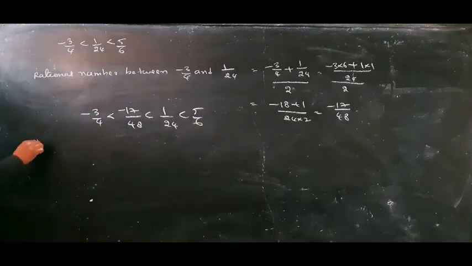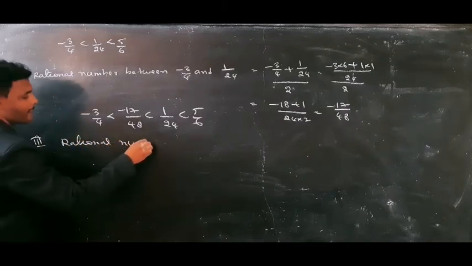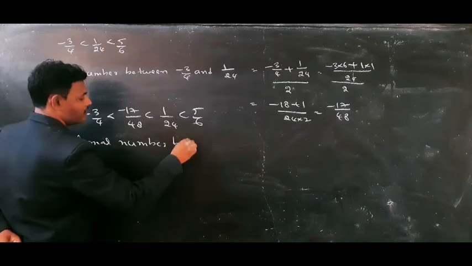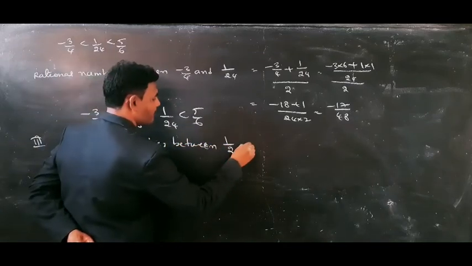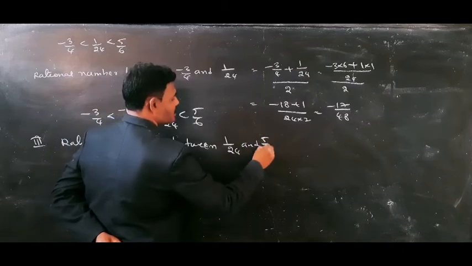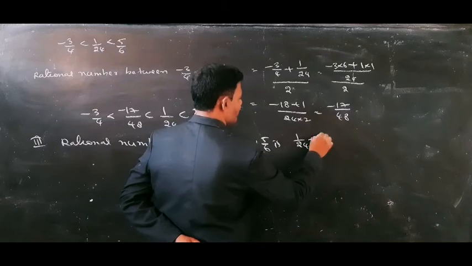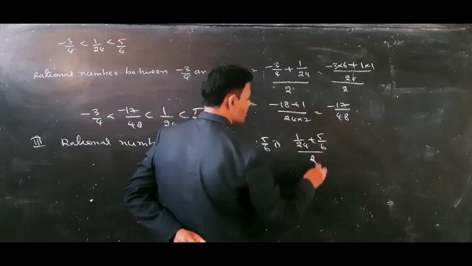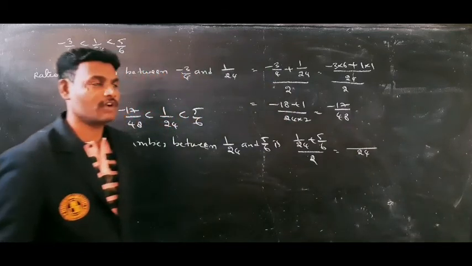Now here, the third rational number. The rational number between 1 by 24 and 5 by 6 is (1 by 24 plus 5 by 6) by 2. The LCM of 24 and 6 is 24.